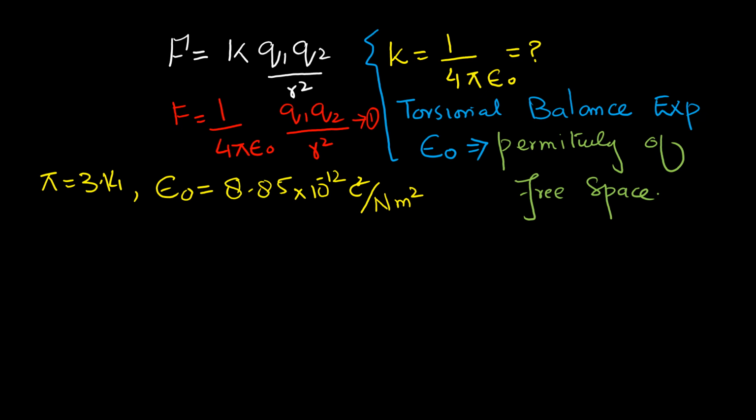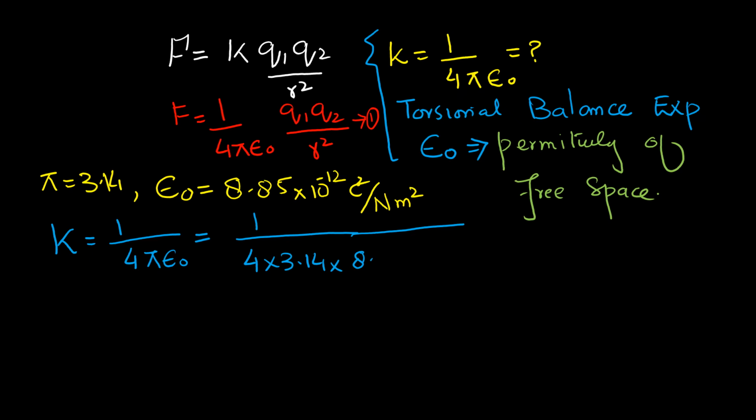So from this value, dear student, we can basically determine the value of Coulomb's constant. Since you know that Coulomb constant K is equal to 1 over 4 pi epsilon naught. So if we incorporate the value of epsilon naught, we get 1 over 4 into 3.14 into 8.85 into 10 raised to power minus 12 Coulomb square divided by Newton meter square.